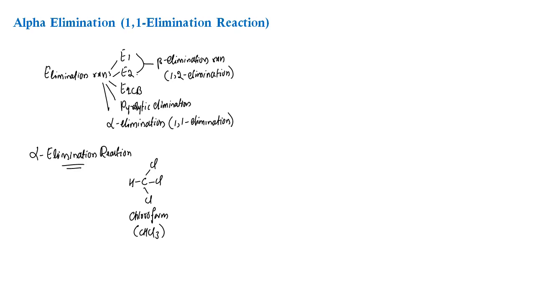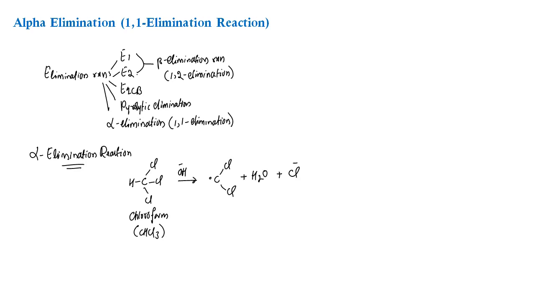When it is treated with a strong base such as sodium hydroxide, we get a species plus water and a halogen atom.